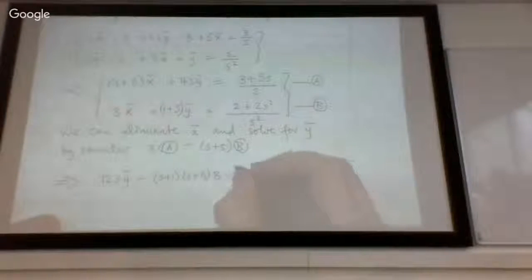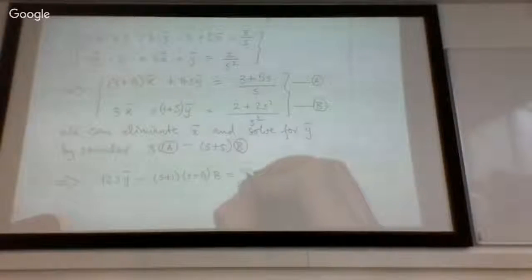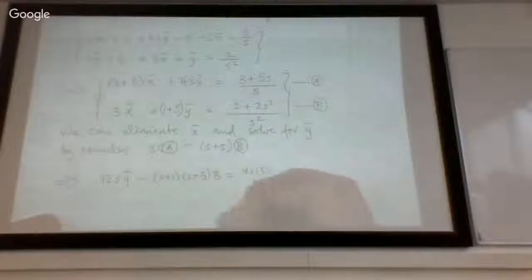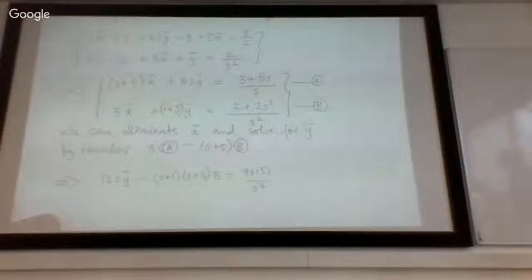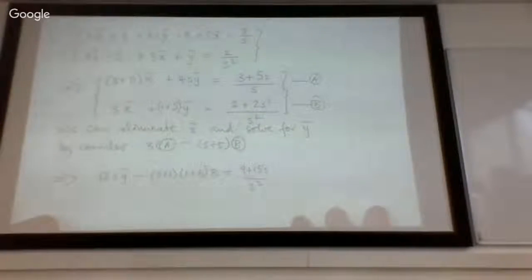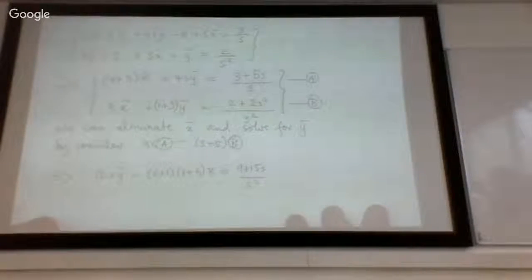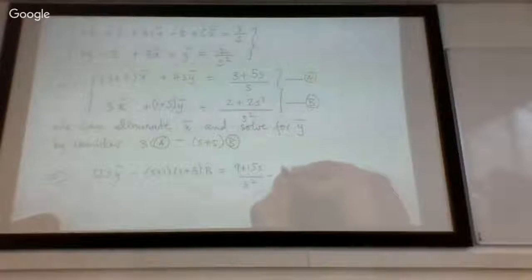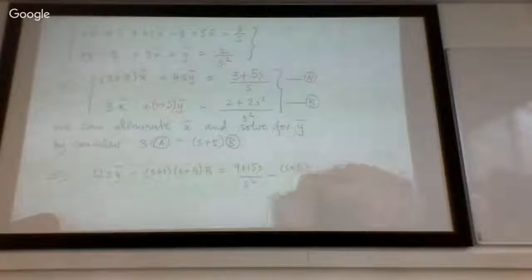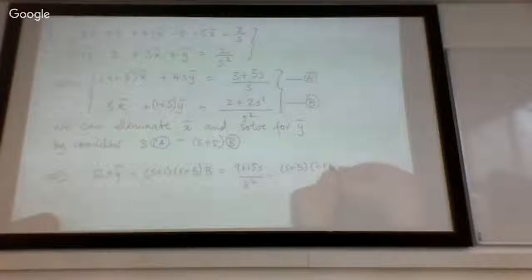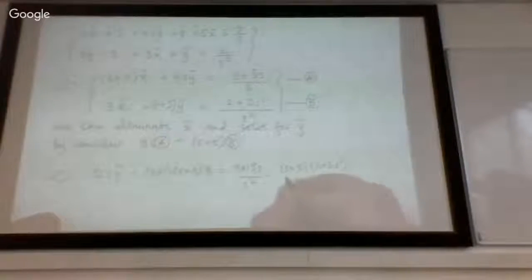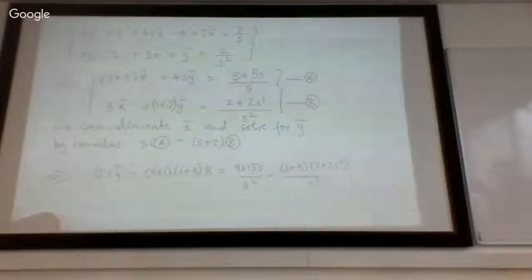On the right-hand side, we'll have 9 plus 15s over s squared minus s plus 5 into 2 plus 2s squared, all of it over s squared.